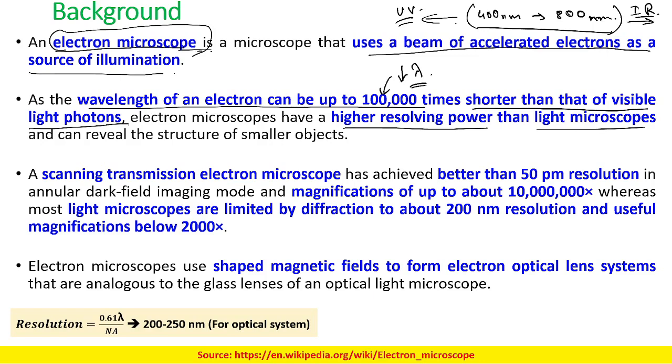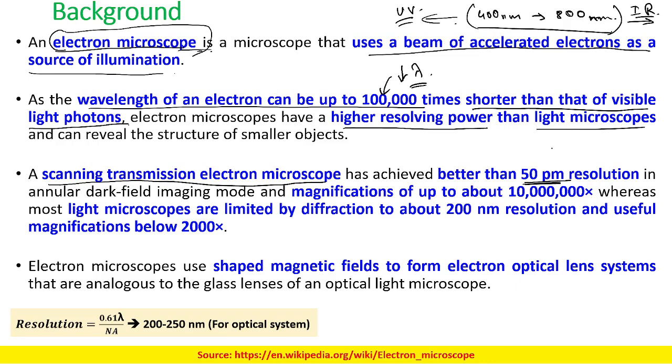So the electron microscope images will not have any color information. A scanning transmission electron microscope can have a better resolution than 50 picometer.